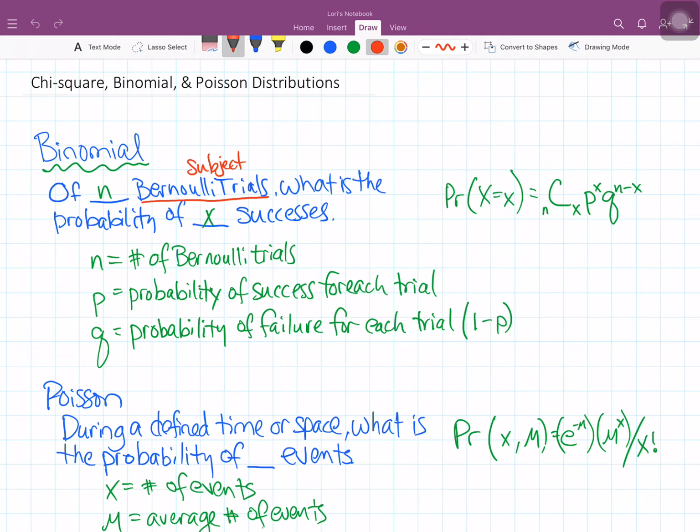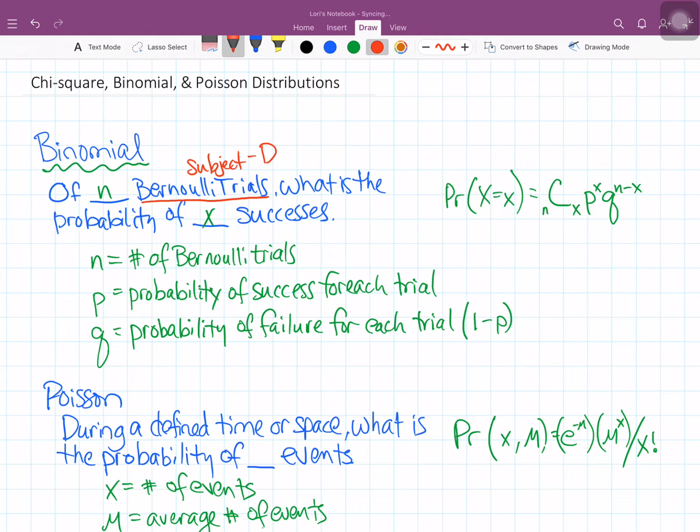So if the subject has the disease or does not have the disease, if the subject is male or female, if the subject is sick or not. A Bernoulli trial, by definition, just means that for each subject or unit that you're measuring, there is either a plus or a minus for that particular dichotomous variable.